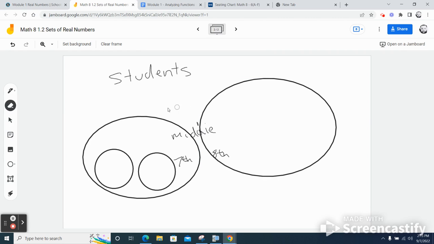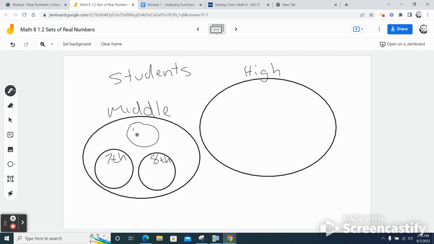Everything on this page is a student here at this district in this building. In this circle, I have high school students. In this circle, I have middle school. This will be the 7th graders, this will be the 8th graders. There'd be another circle here for the 6th graders, but they're all middle school, and they're all students here at RV, right?